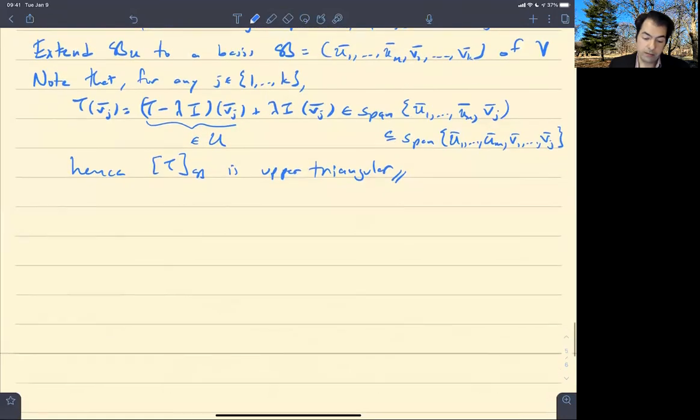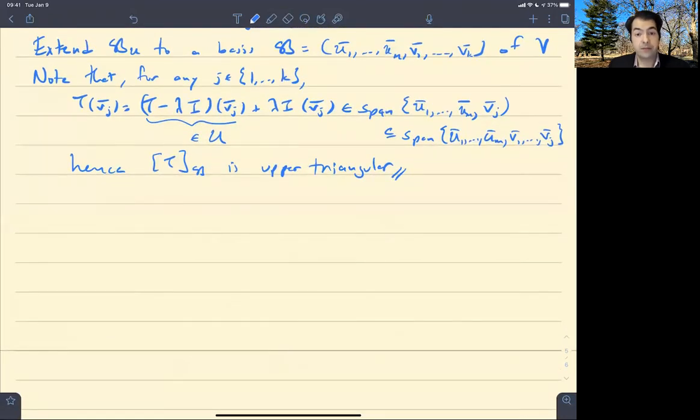Okay. Here's a simple corollary, just from knowing that you can triangularize a linear map.